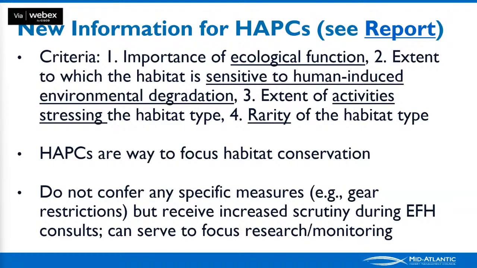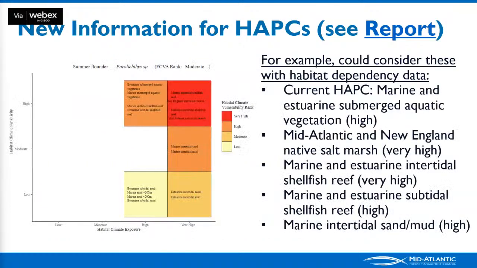Just because you designate an HAPC doesn't mean it automatically has fishing gear restrictions applied to it or other types of measures. It's a tool to really help increase scrutiny during these consultation processes. And it's something you could consider if you wanted to apply gear restricted measures like you did for tilefish, but that's not something that you have to do as part of that process. It's not a required part of a habitat area of particular concern.